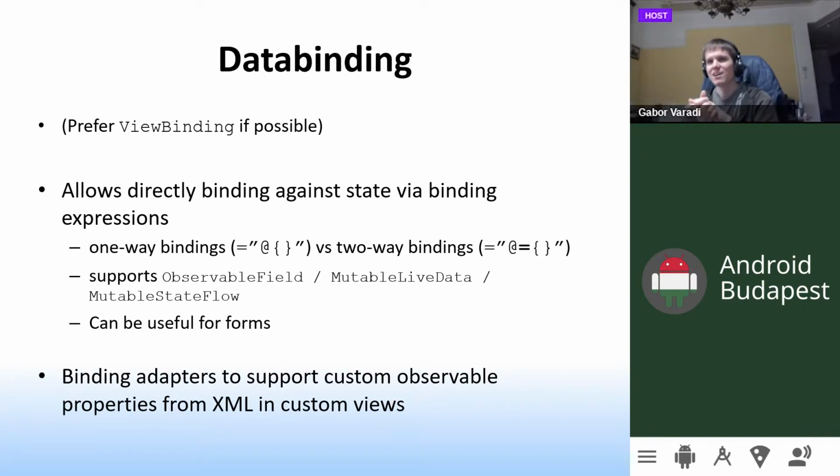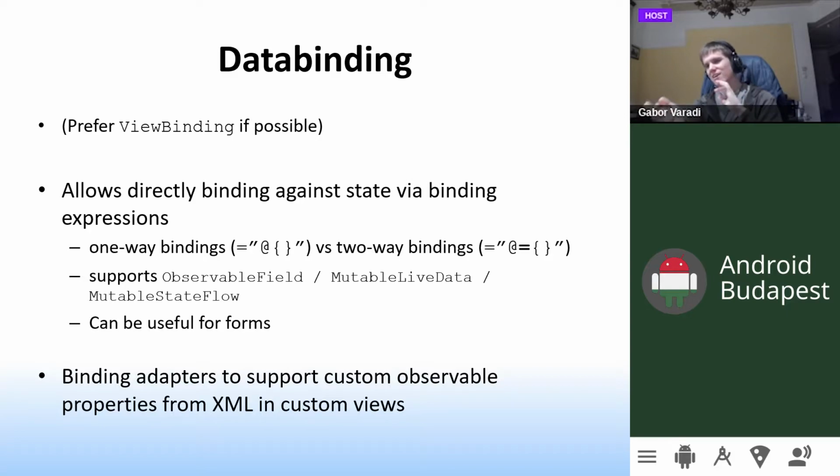Data binding. I personally recommend using view binding instead, but data binding does intend to solve a particular problem. You can observe from XML that a given value has changed in the state model, and you can use either one-way bindings or two-way bindings.